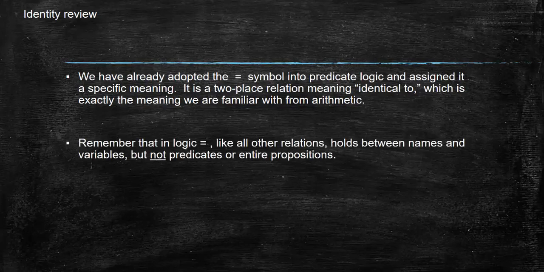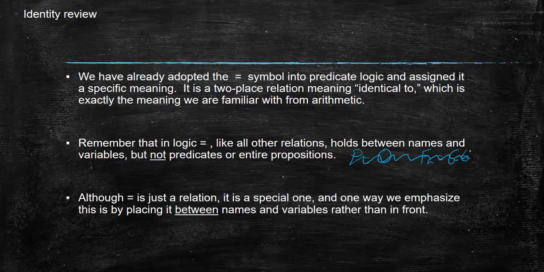Remember that in logic, identity, like the other relations, holds between names and variables, but not predicates or entire propositions. So we never write things like P equals Q or F of A equals G of B. Those are nonsensical.